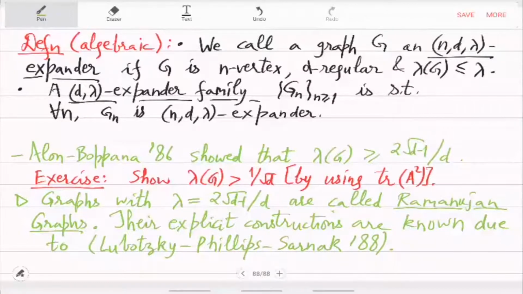Okay, so these objects are very important. They are heavily studied, and using analytic number theory, there are these constructions due to LPS of Ramanujan graphs. Okay, so the degree there is actually prime power plus 1.